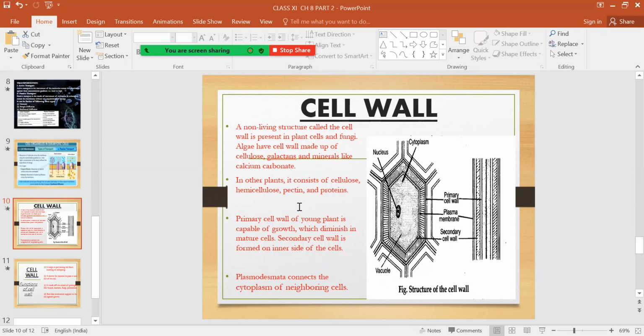Whereas the normal plants have a cell wall made up of cellulose, hemicellulose, pectin, and protein. In fungi the cell wall is made up of chitin. So you can see that algae, plants, and fungi have a cell wall, but the material it is made up of is different.